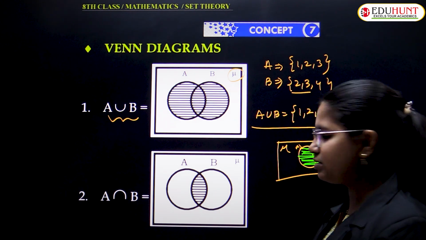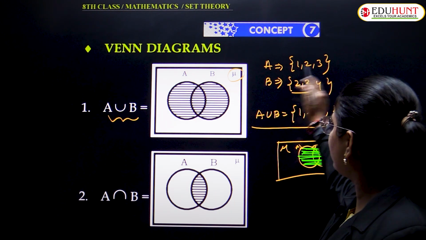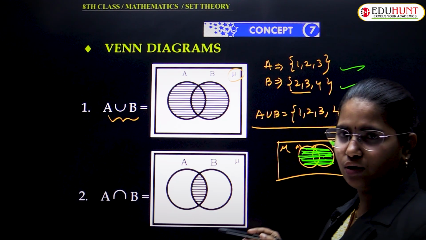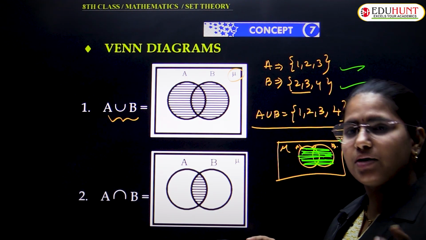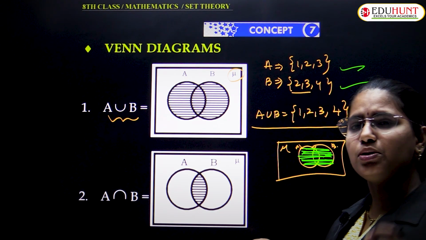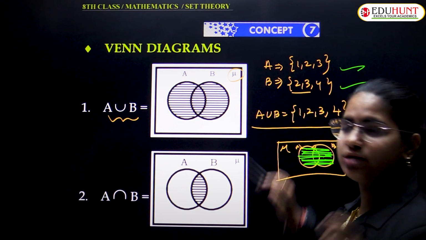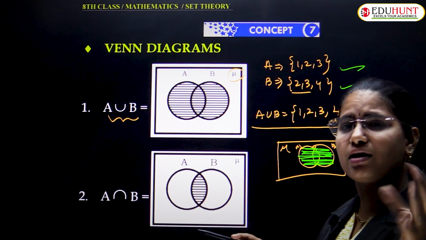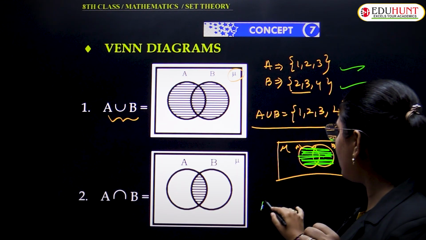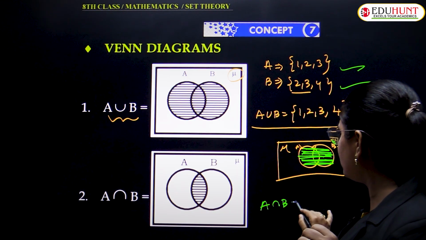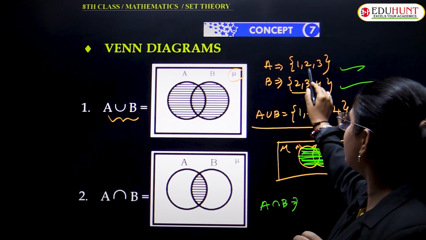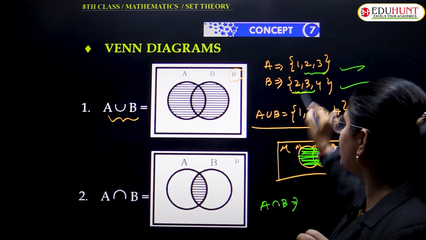Next, A intersection B. With the same example, what do you call A intersection B? If you find any common or intersecting elements between the two sets, you write them as A intersection B. A intersection B is 2, 3, which is in both.